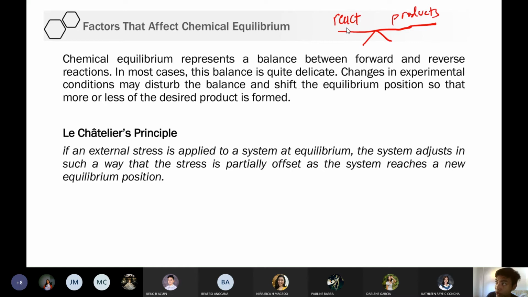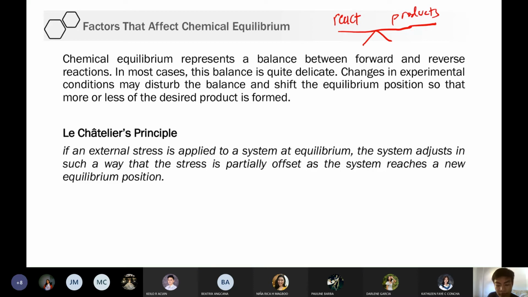If I added too much reactants, then to maintain balance, some of the reactants have to be converted to products. So that's the Le Chatelier principle. Whenever you have external stress in your system, it has to go to the left or to the right of the reaction in order to reestablish balance.